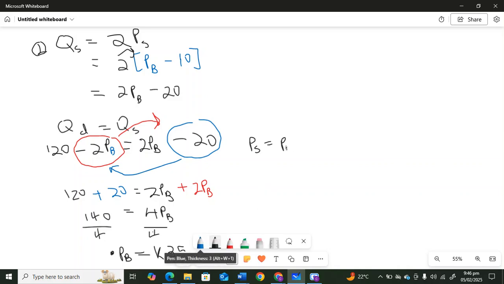Now I'm finding how much the sellers are receiving. Remember what the sellers are receiving: what the consumers pay minus the tax. So the buyers are paying 35 kwacha, 10 kwacha is going to tax for the government. So the suppliers are now receiving 25 kwacha.